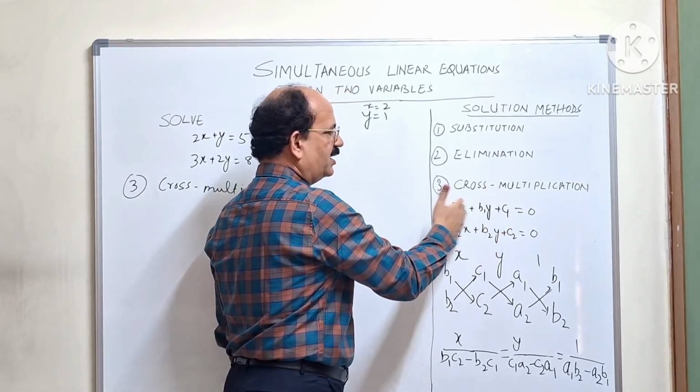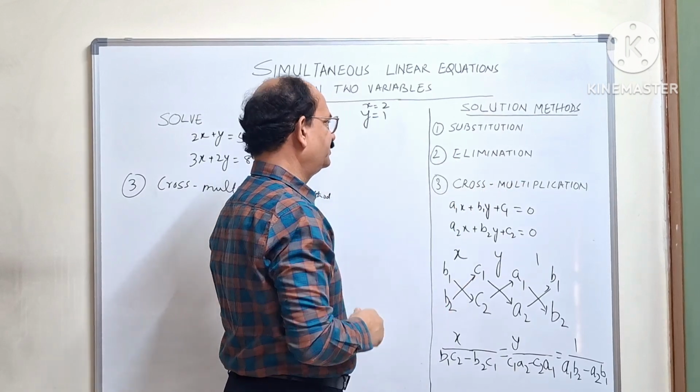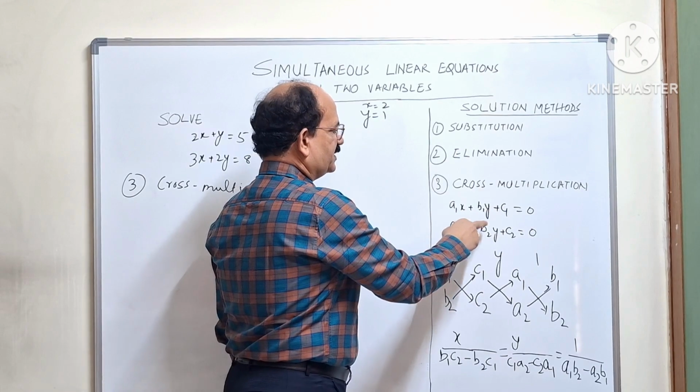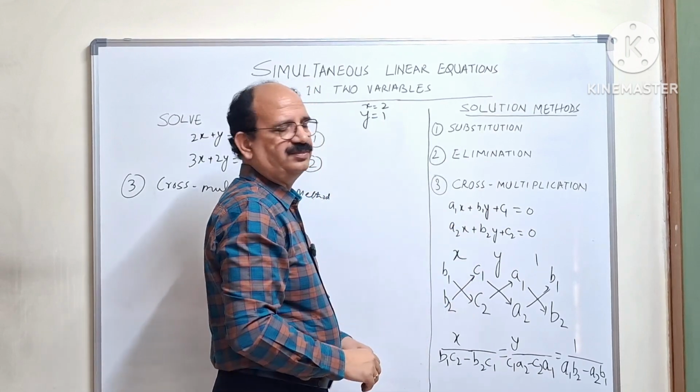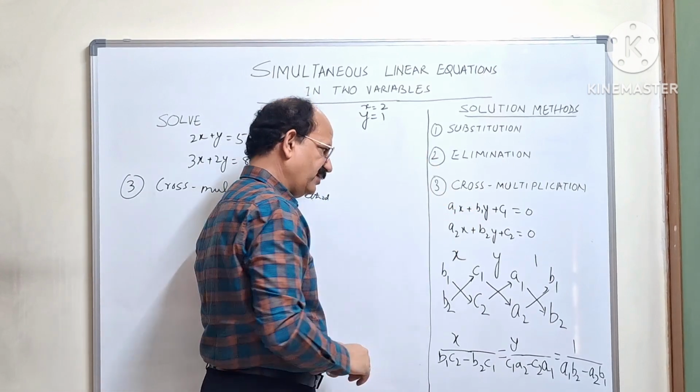So all these will come on the left side, the right side should remain only 0. Likewise, a2x plus b2y plus c2 equal to 0. So both these simultaneous equations, you have to write in this form.